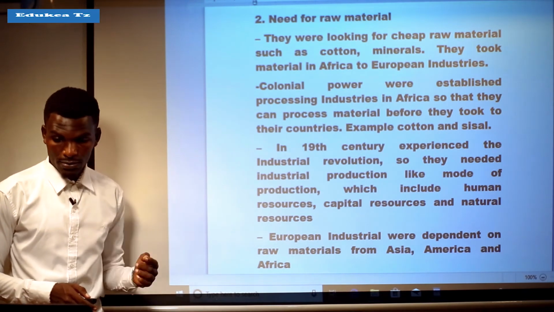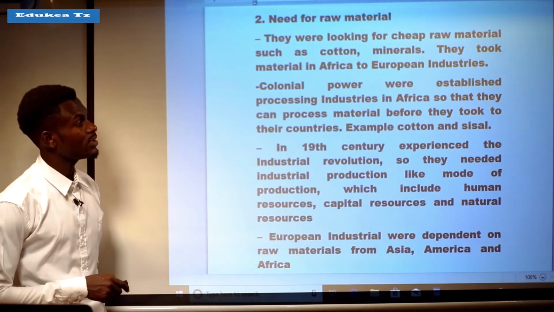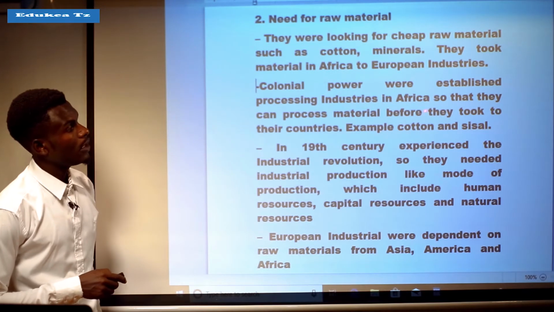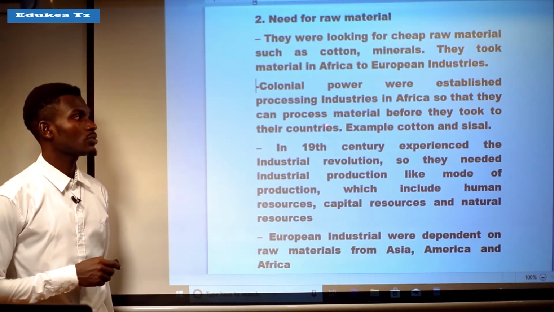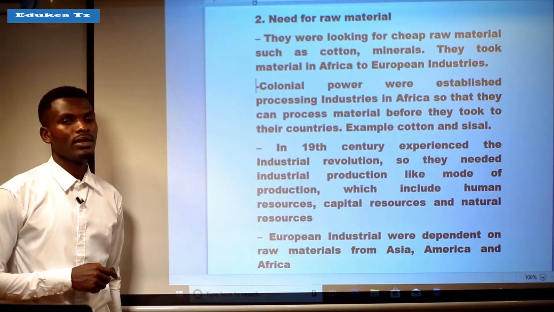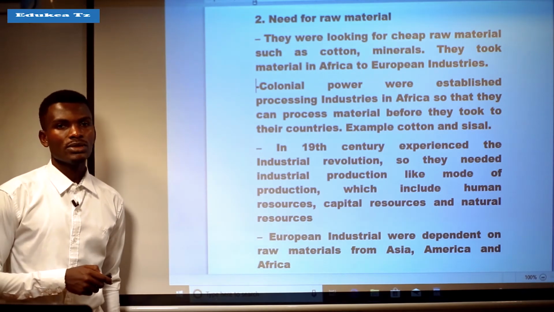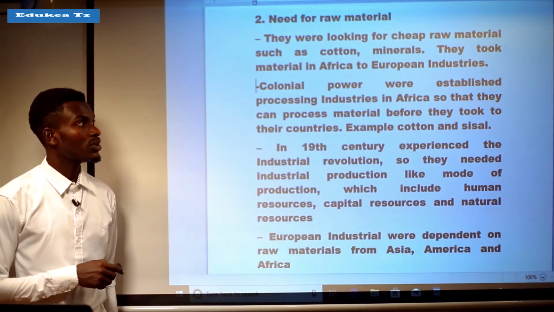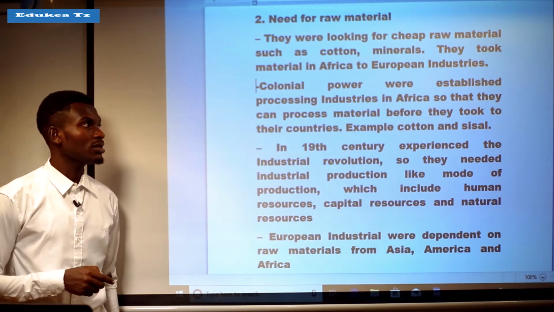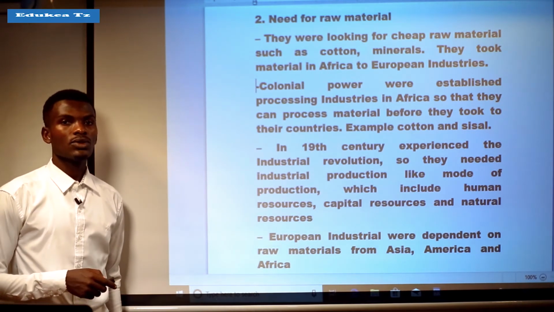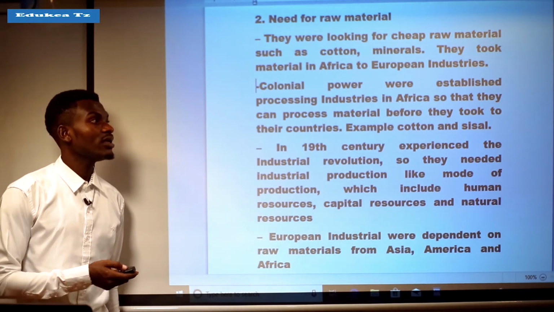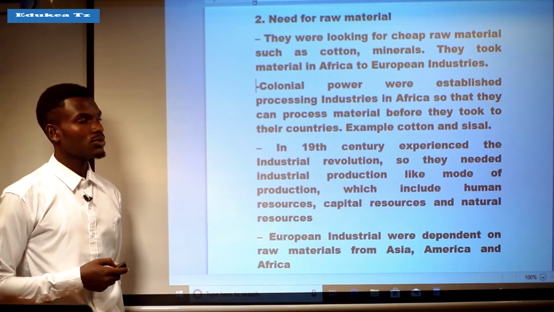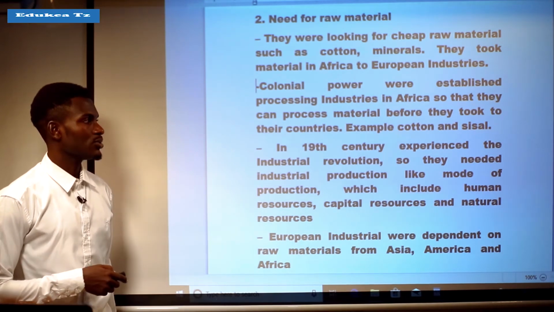were establishing processing industries in Africa so that they could process material before they took it to their countries. It means that the colonialists decided to introduce processing industries in Africa so that they could process those raw materials before taking them to their industries in European countries.